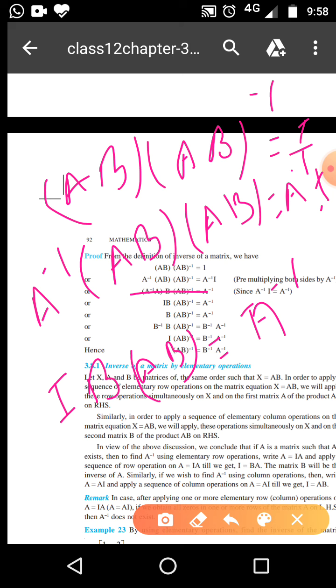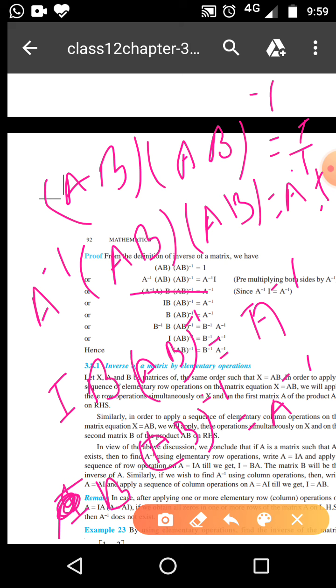So B (AB) inverse = A inverse. Now again we pre-multiply by B inverse.